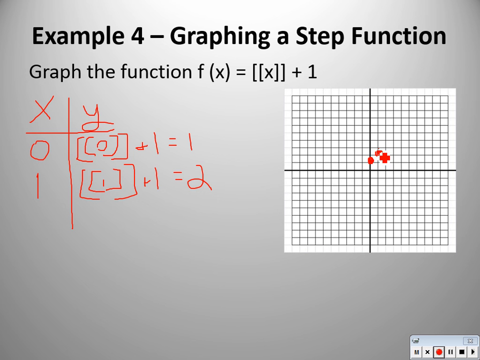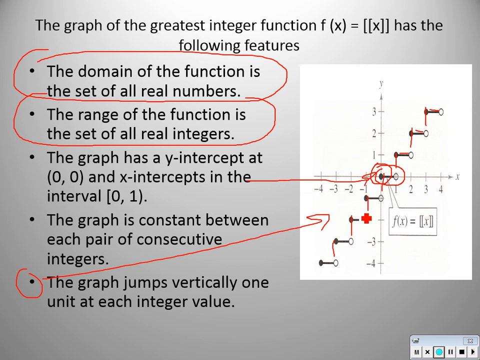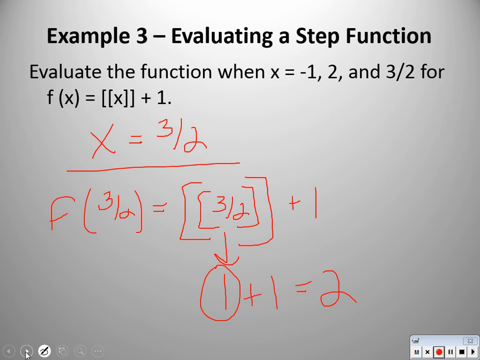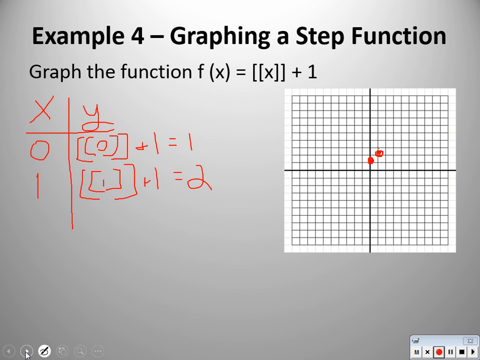One of the things to notice about the graph of this is you have these horizontal lines that run in between two consecutive integers. So for instance, if I take a look at some values that are between 1 and 2, like let's say I did 1.1, and I did the greatest integer function of 1.1 plus 1, the answer to this part here is going to be 1, plus 1 would be 2.